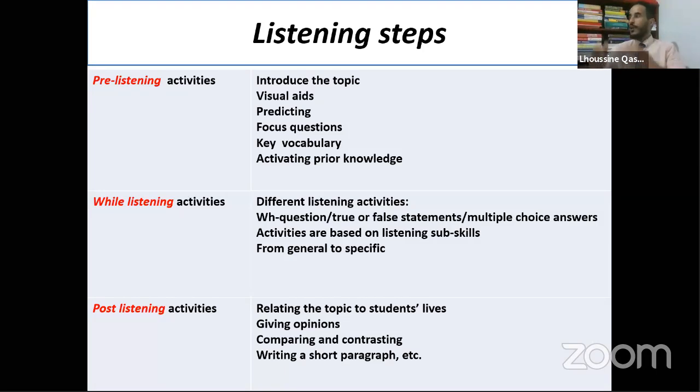For example, write a short paragraph about your favorite hobby. Write a conversation with your partner about your favorite hobbies. Giving opinions: do you agree that swimming is healthy? Do you agree that swimming is dangerous? Compare and contrast with your partner. Write in a short paragraph. So there are different ways of putting activities into order.